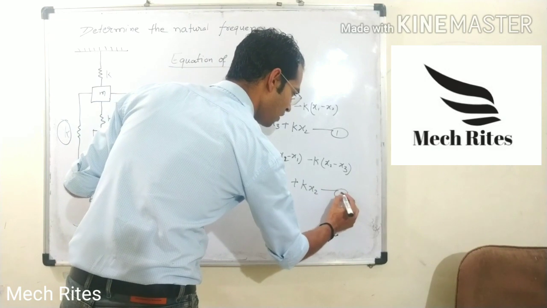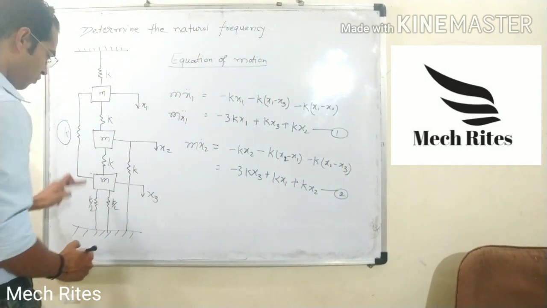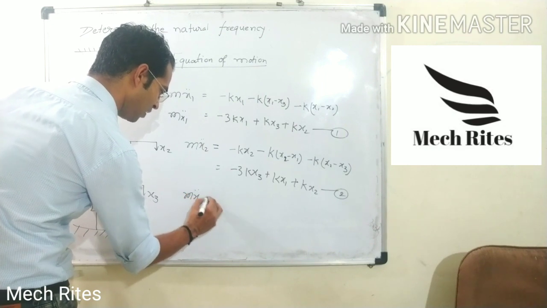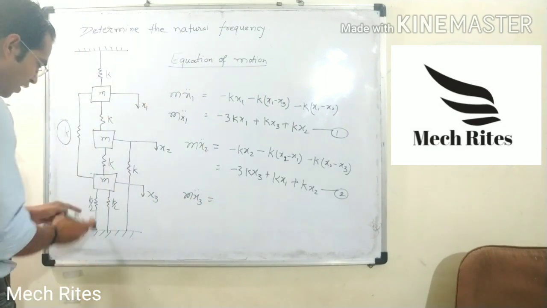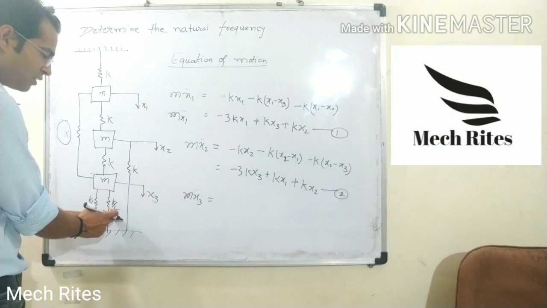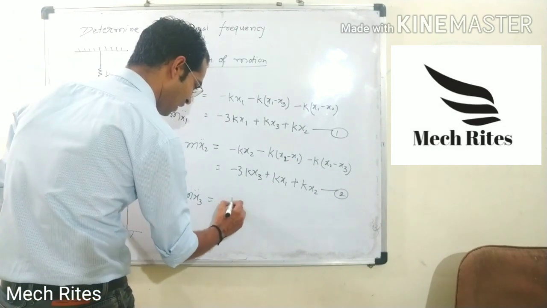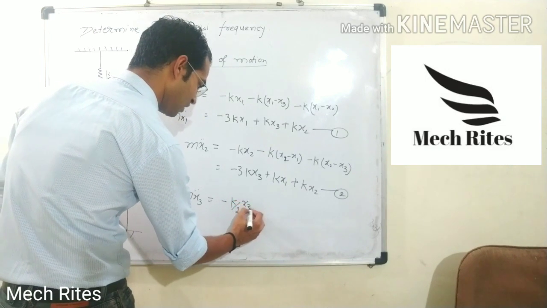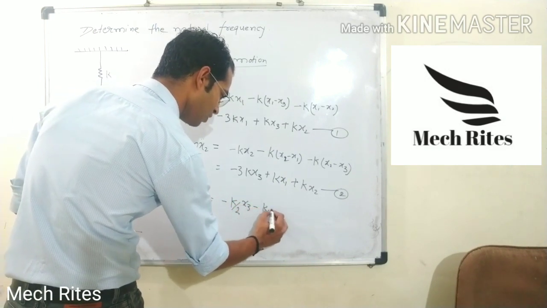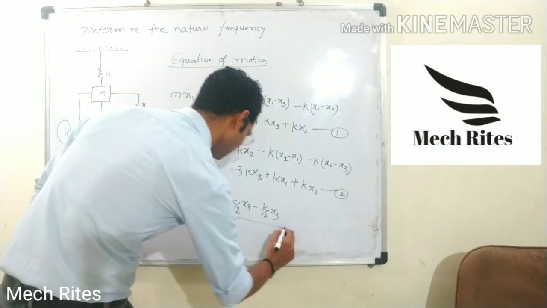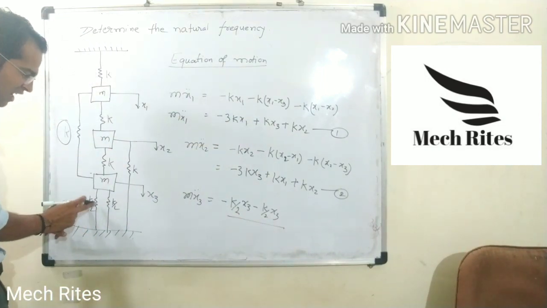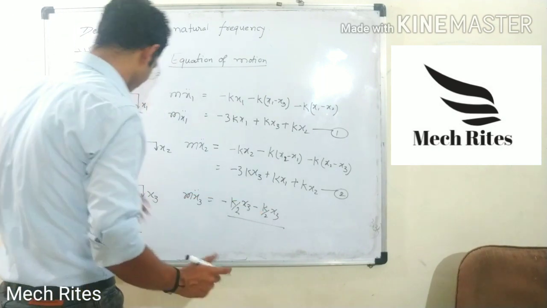It's your equation number 2. Now for the third part, m x3 double dot will be equal to, now it has two springs, k by 2 and k by 2. So I will write minus k by 2 x3 minus k by 2 x3. These both are for this spring, or we may write directly k x3.